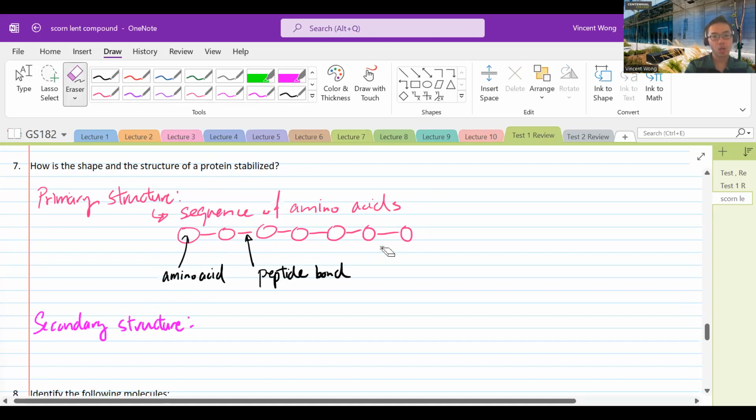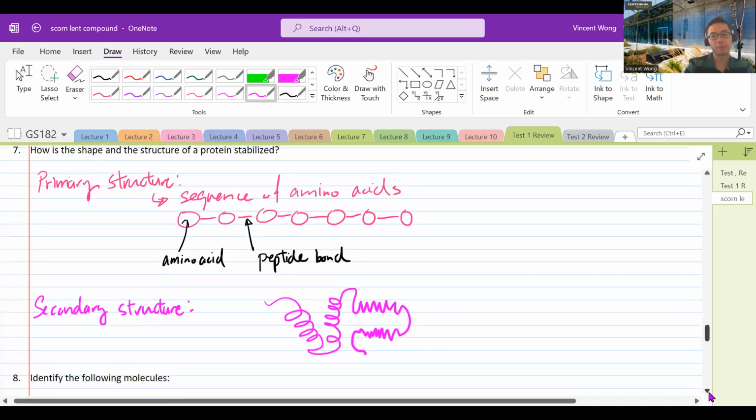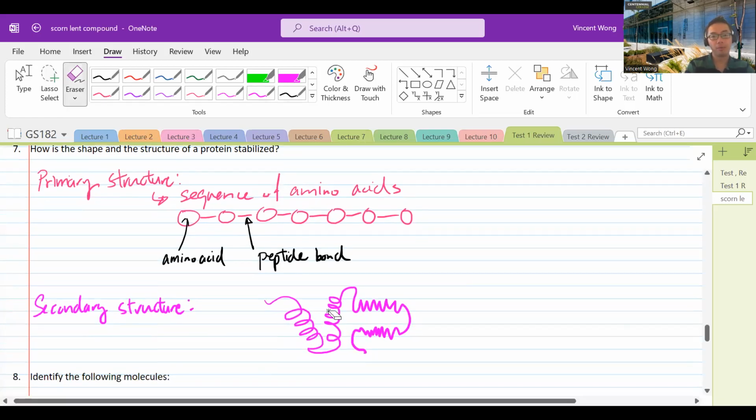If you take this long strand of peptide, they will curl up together, and some parts might form these helices, and some parts might form these zigzag patterns. They might have only helix or only zigzag, it doesn't have to be both. But whether they form the helix or the zigzag, we call that the secondary structure. So you can have alpha helix here, and we can have the beta pleated sheets.